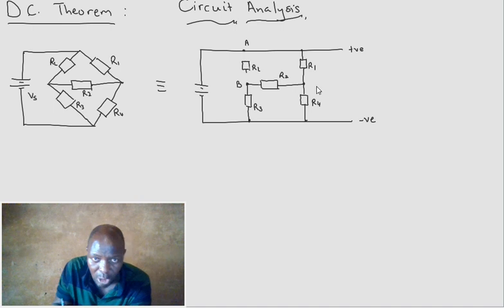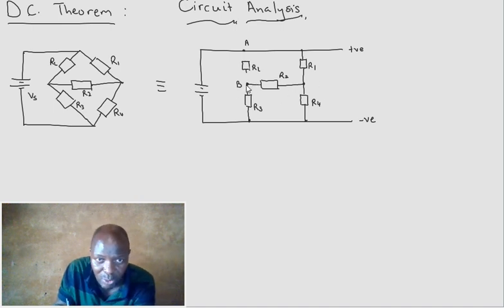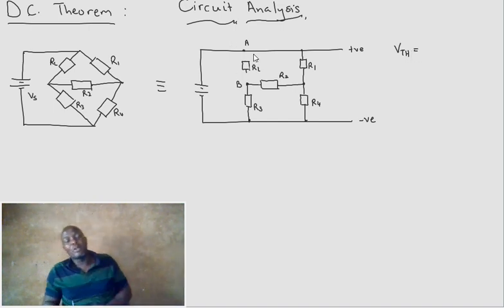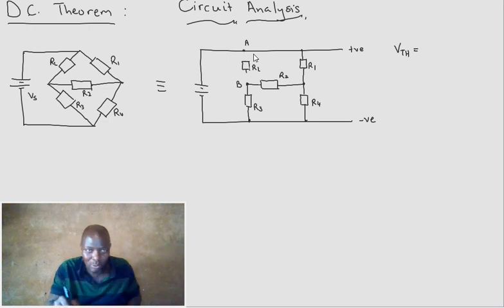Now when I want the voltage across, because I need to know the voltage between these two points, in the case of Thevenin, VThev would be the voltage between those two points. Remember, with Norton we are going to want I Norton, and we're going to draw a line there.